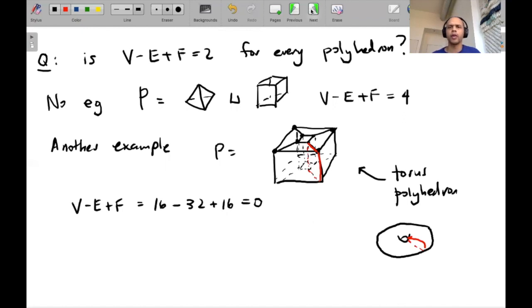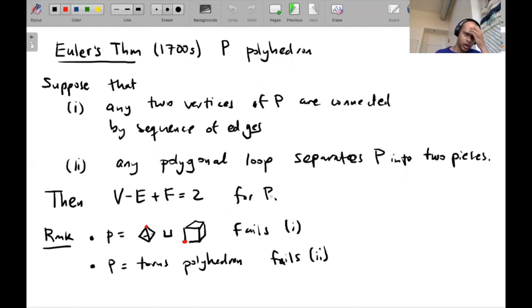Okay. So the theorem says, if P has these properties, then you can conclude that V minus E plus F is 2.